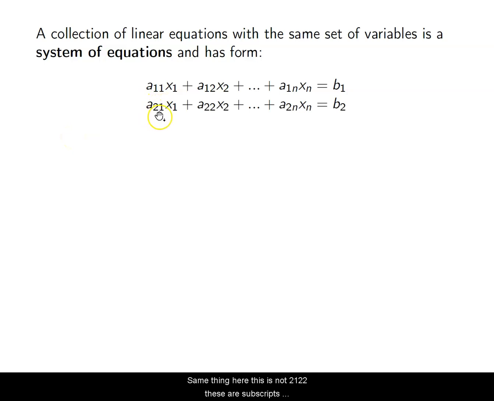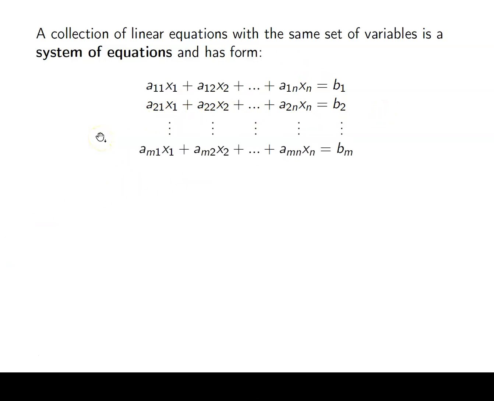Same thing here. This is not 21, 22. These are subscripts where this is telling me it's the second equation, first coefficient. Second equation, second coefficient. So forth down the line. And we do this for all of the equations that we have until I have m equations, right?